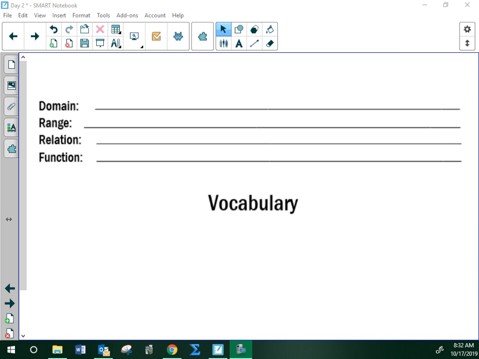Next, we have our white piece. And then finally, we have our pink piece.